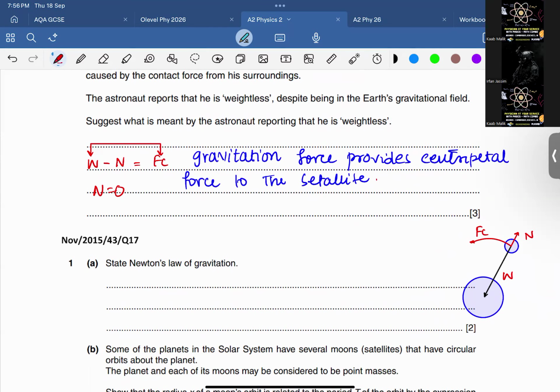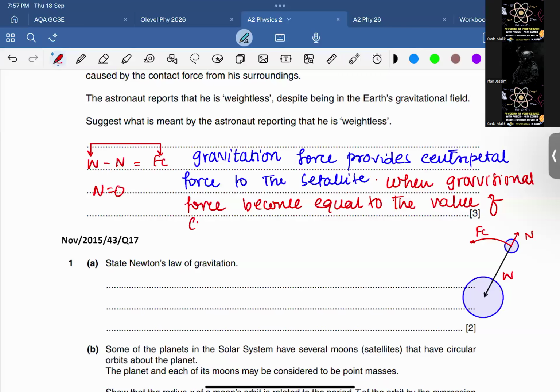Now, when the gravitational force becomes equal to the value of the centripetal force, the contact force becomes zero, right?